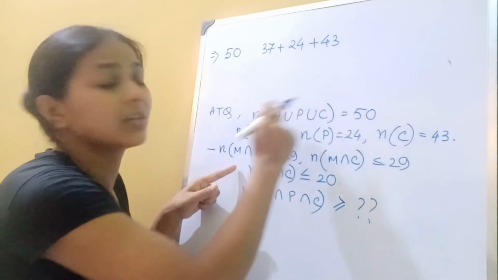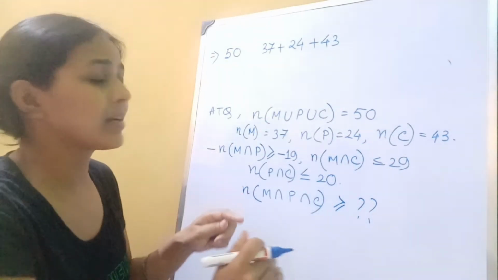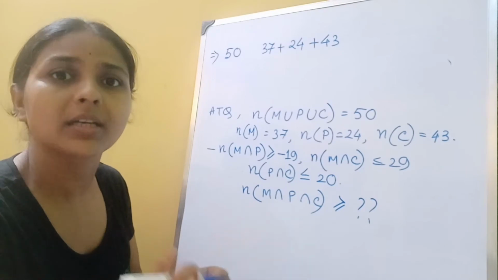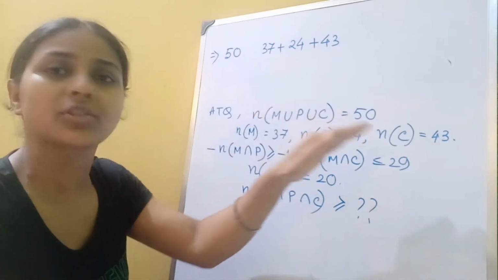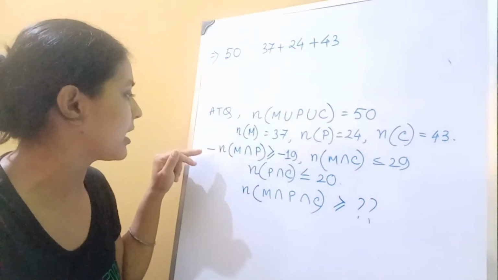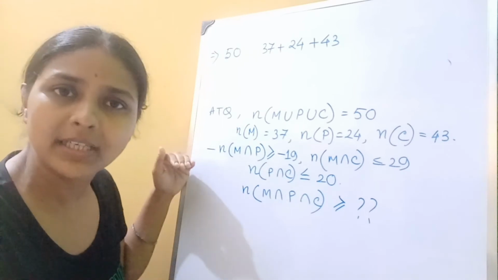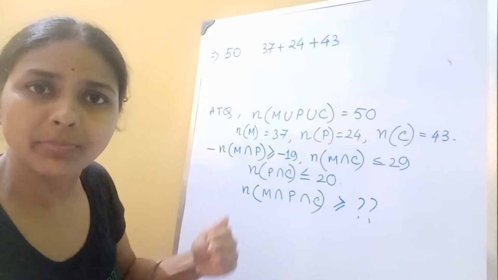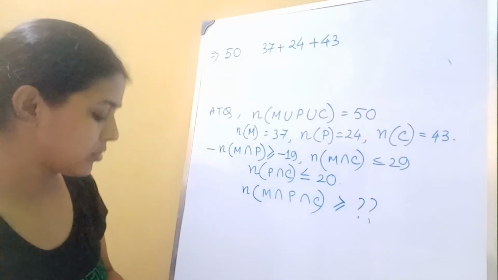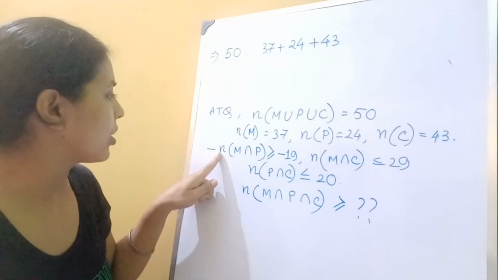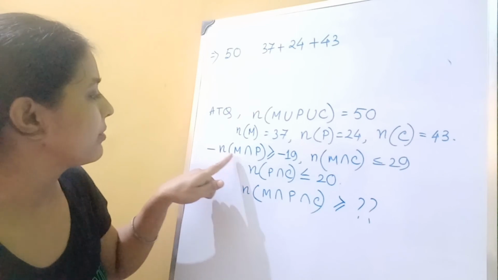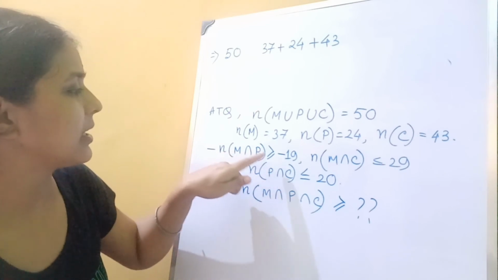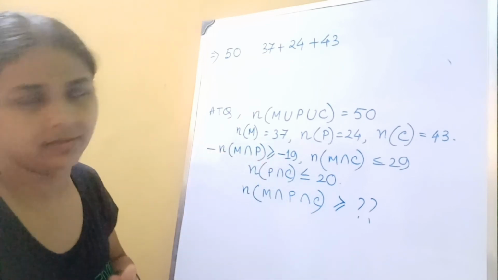These four are equations, or you can say equality. And it is a characteristic of inequality that if we introduce a negative sign, then the inequality sign will be changed. Okay, so we have got minus of n of M intersection P greater than or equal to minus of 19.